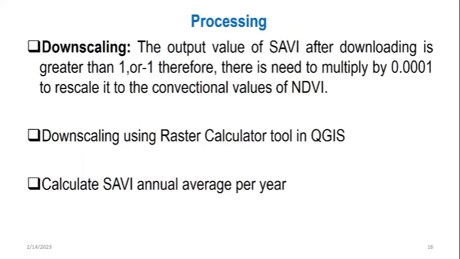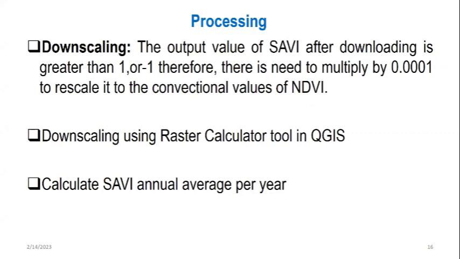Then there's something that we do again, which is downscaling. When you talk about downscaling, you're talking about decreasing the pixel size of remotely sensed images. For example, for NDVI, the output value after downloading is greater than 1 or -1.